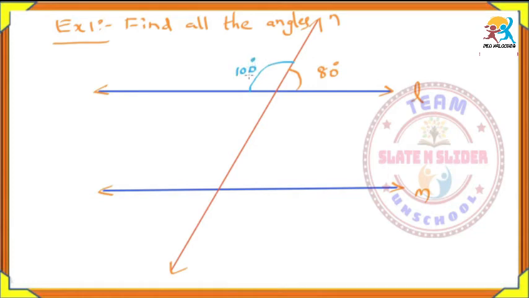How can we say this is 100 degrees? In the previous class we have learnt that these two angles are on the same straight line. That means these two angles are called a linear pair. If two angles form a linear pair, then their sum should be 180. So if this angle is 80 degrees, then definitely it will be 100.